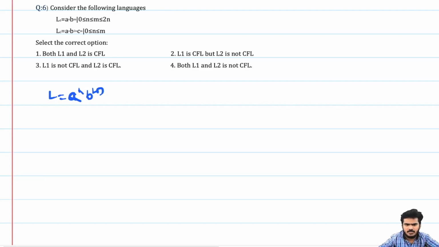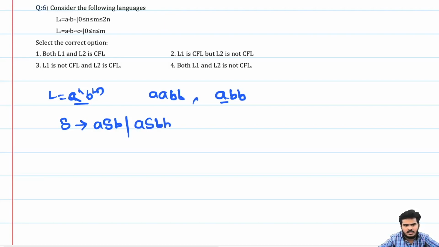Suppose n is equal to m, then we can say that ab is possible, and when n is less than m, suppose a, then abb is possible. If we are able to write the grammar, whenever n and m are equal, it will produce S → aSb. Or when n is less than m, we get the grammar S → aSbb.